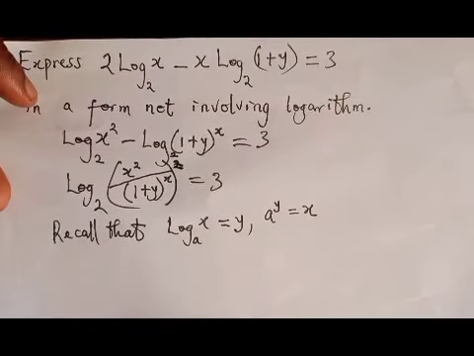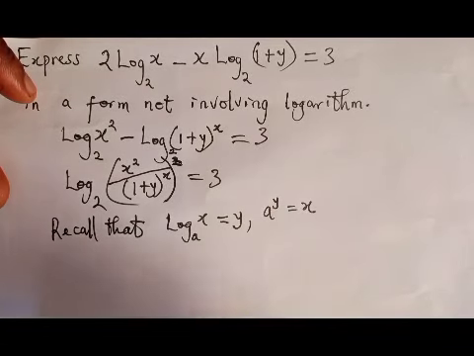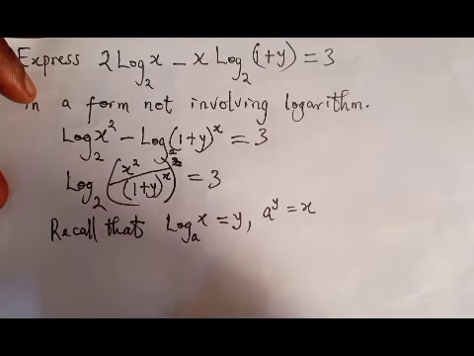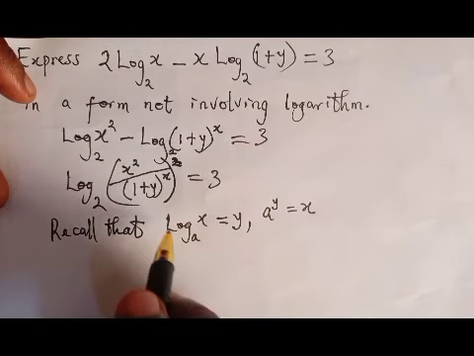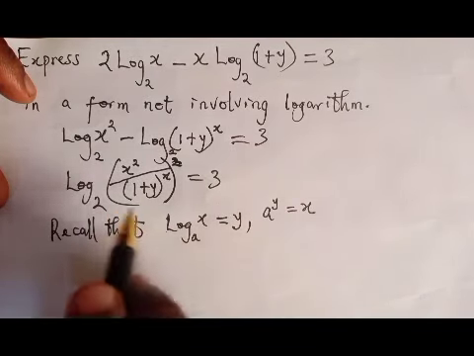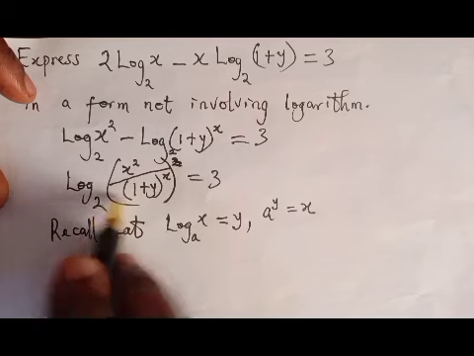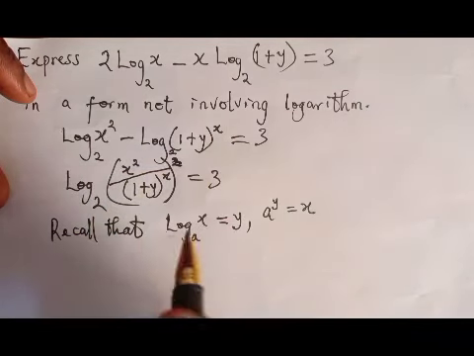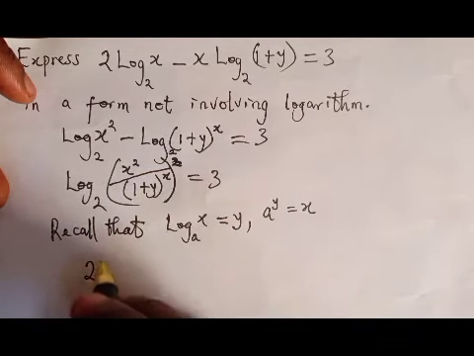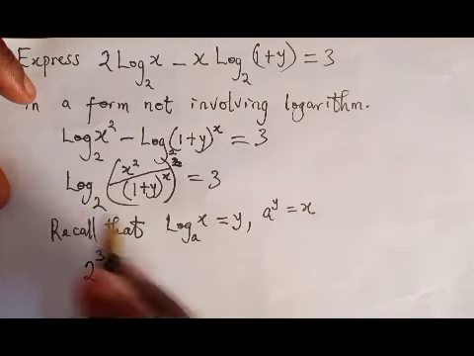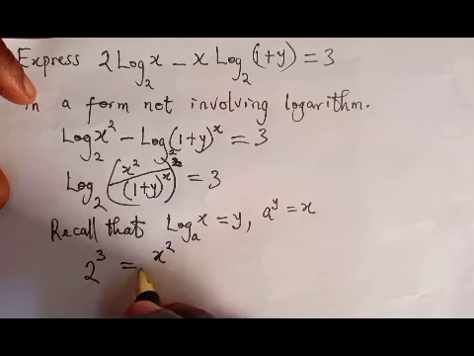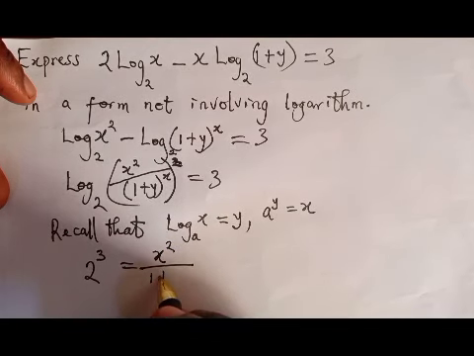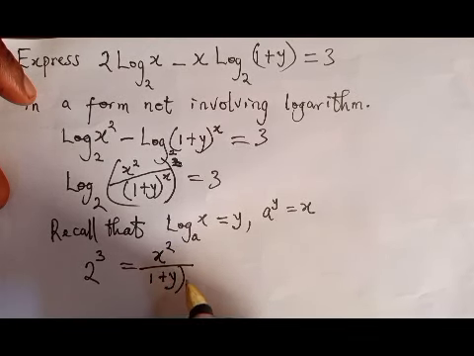Remember I told you that this is the law that connects indices to logarithm. Now, what do we do? We're going to try to apply this same law. So it simply means that this expression is now going to turn into 2 raised to power 3 equals to x squared over 1 plus y, raised to power x.